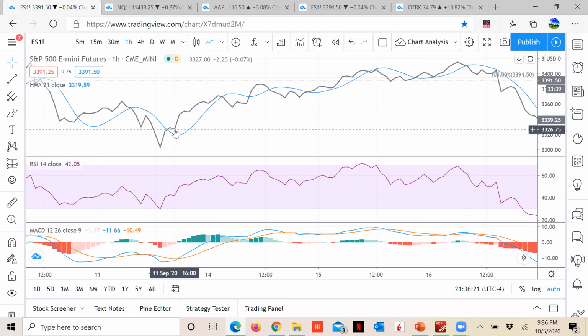So 3327 plus the difference between these two, that is 24. How much is that? 3351. What do you see here? Yeah, I see that. How much is that value? That's exactly 3351.